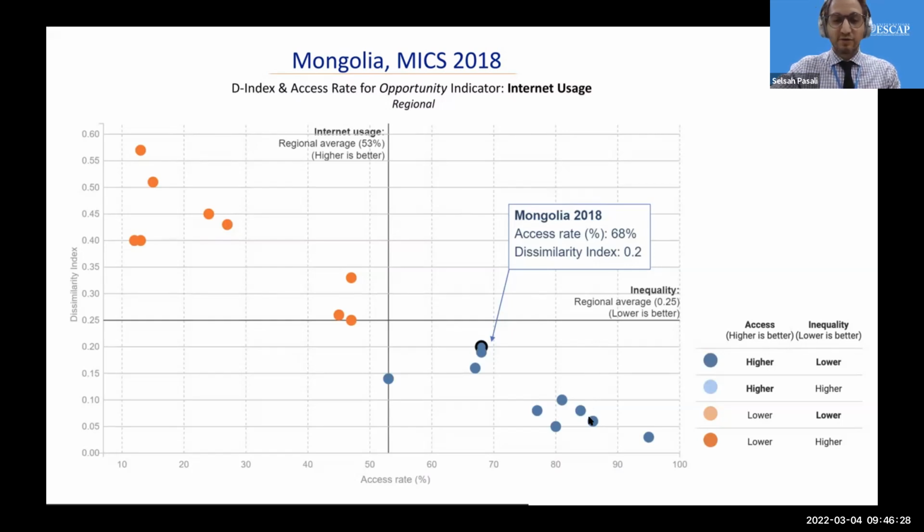The average inequality in those 6 countries at the bottom right is 0.1, which means that inequality in Mongolia would have to decrease by half. So that's a tall order, but there could be a nice direction to go to expand coverage and lower inequality.